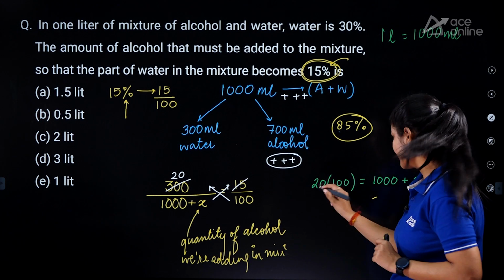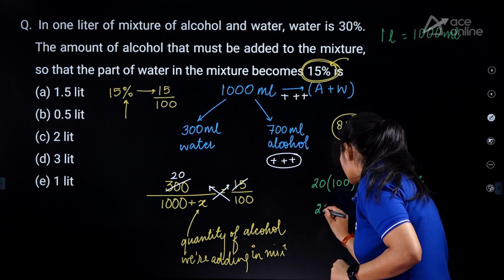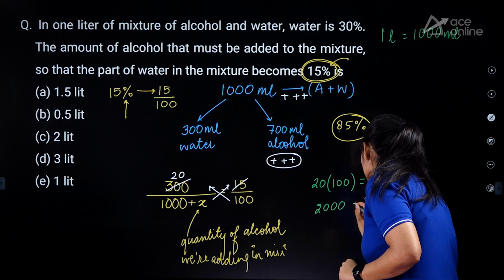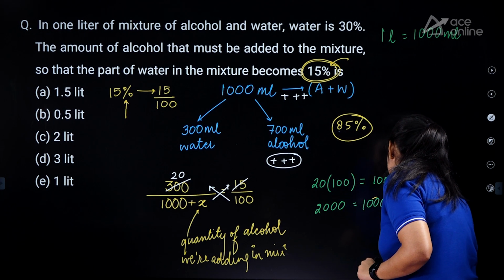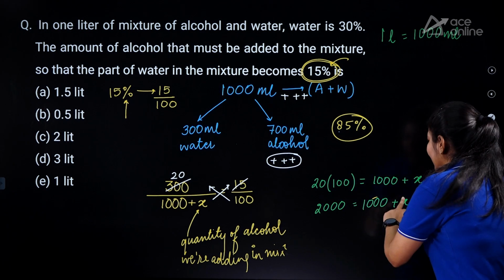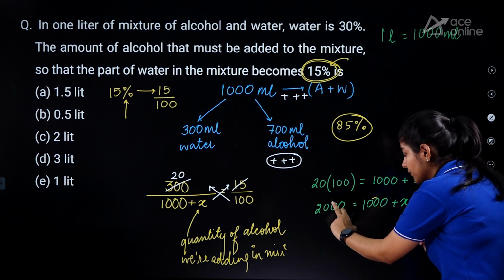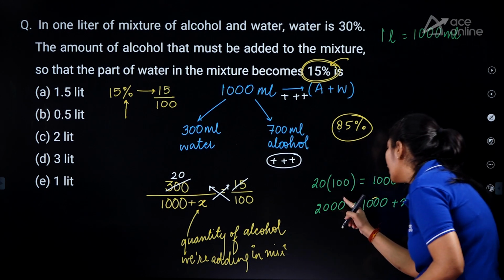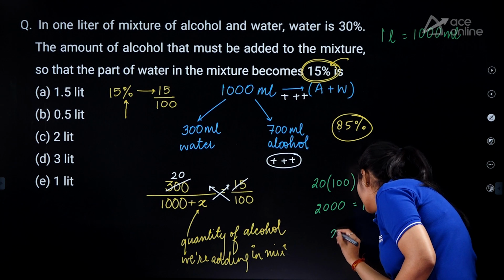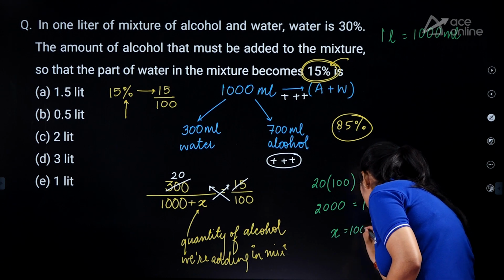When I solve this, it becomes 2000 equals 1000 plus x, and when I transfer this 1000 over here, it becomes 2000 minus 1000, and the value of x that we get is 1000.